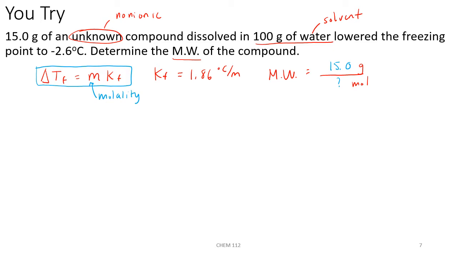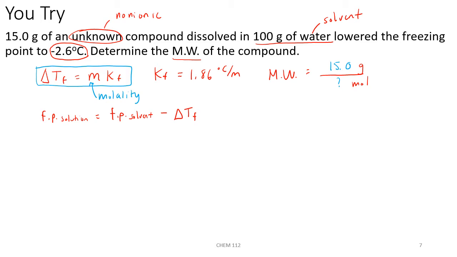Another note is that our freezing point is actually negative 2.6, but that's not the delta TF. The freezing point of the solution would be equal to the freezing point of the pure solvent minus the change in the freezing point, delta TF, because we know that the freezing point is going to be lower for a solution compared to a solvent.